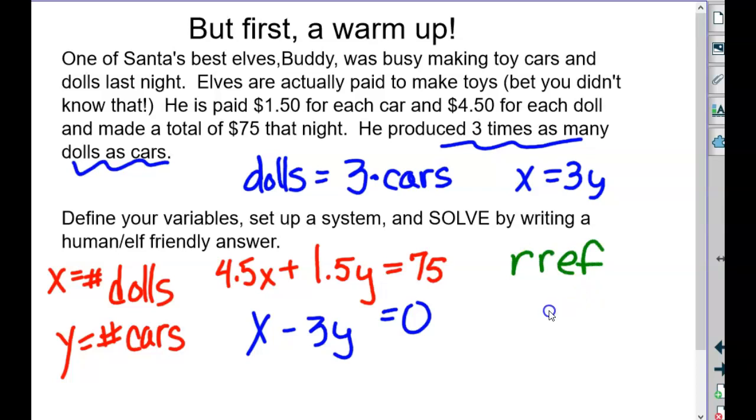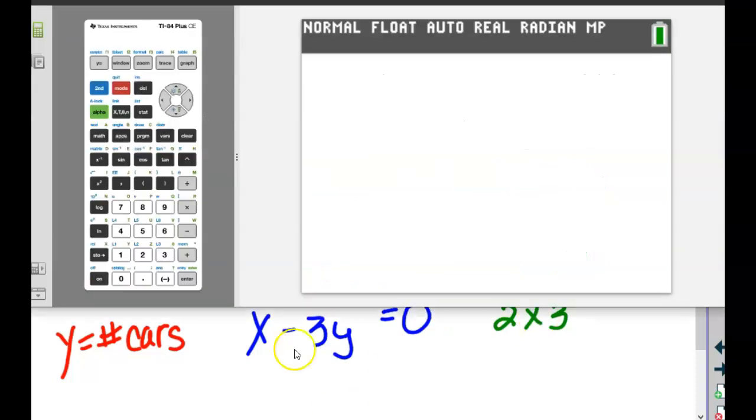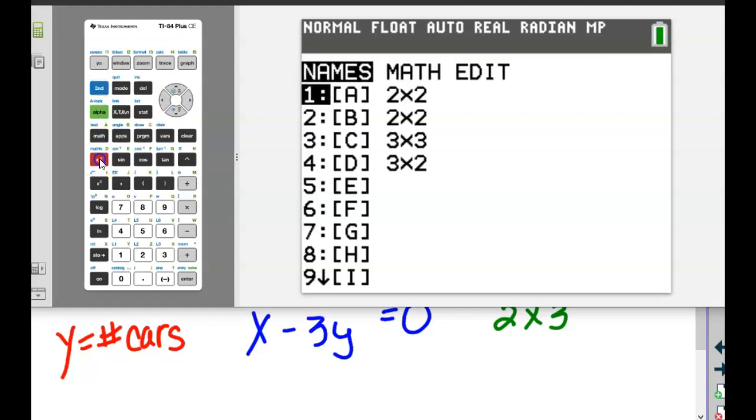So what size is this going to be? 2 rows by 3 columns. So we are going to put in a 2 by 3, and I have a bunch of stuff already in here. Okay, matrix, over to edit.